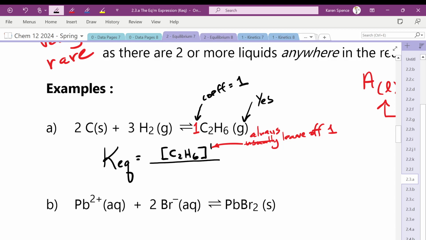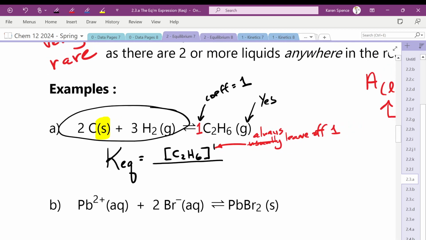Now, those were our products. Here we're going to deal with our reactants. Should I be including carbon? No, because it's a solid. So carbon does not go in the KEQ expression. Okay. Should we include hydrogen? Yes. So we're going to put concentration of hydrogen.